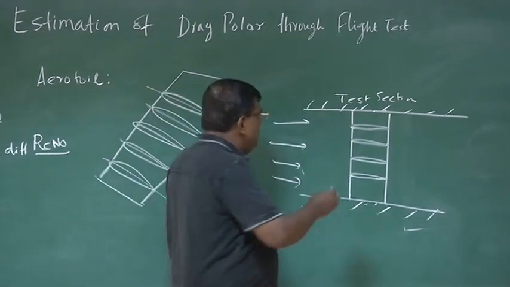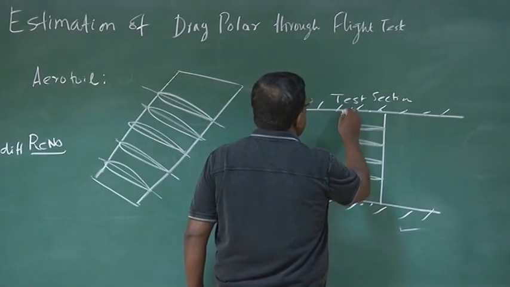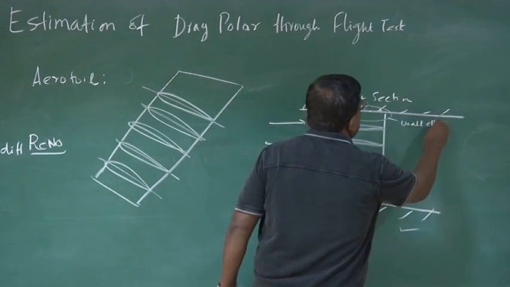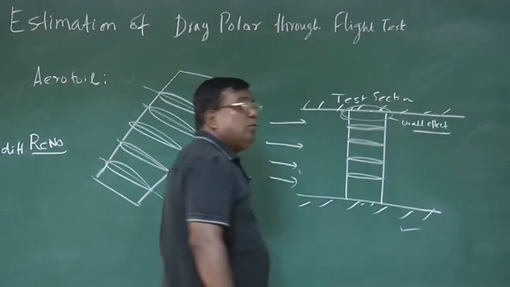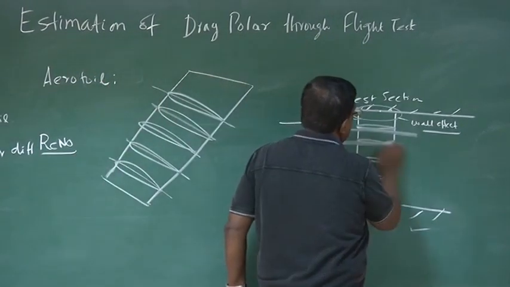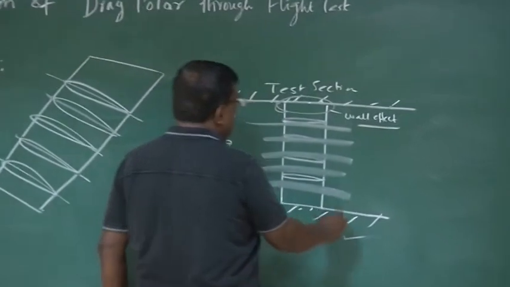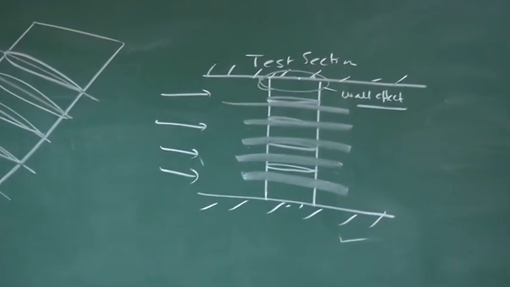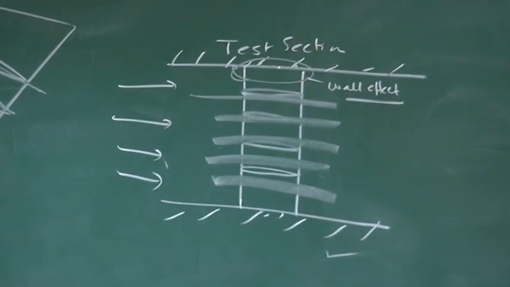But barring some effect here near the wall, which is wall effect, which can be handled through calibration, mostly the flow will be along the chord, a two-dimensional flow, and it is what is consistent with our understanding of an aerofoil.